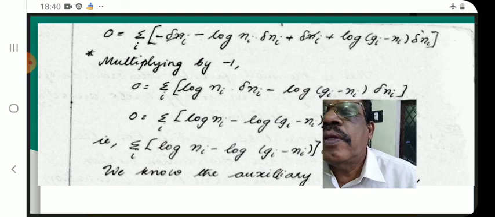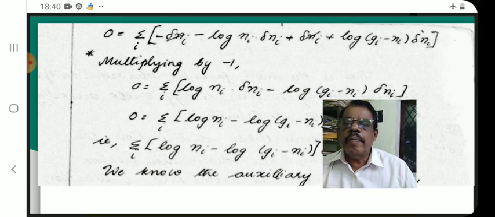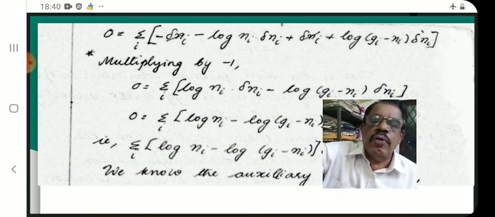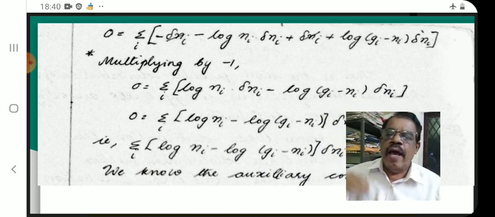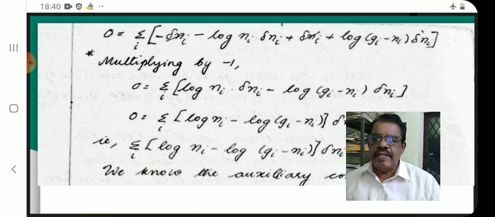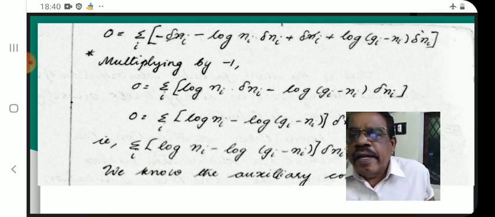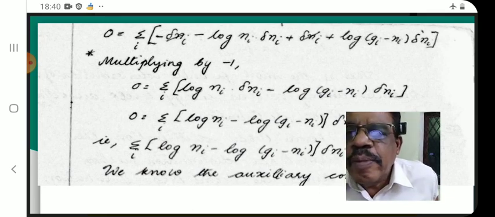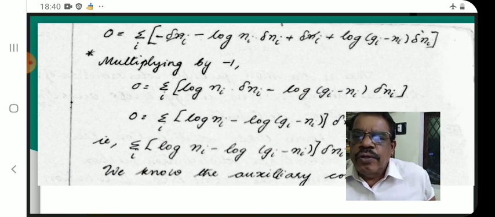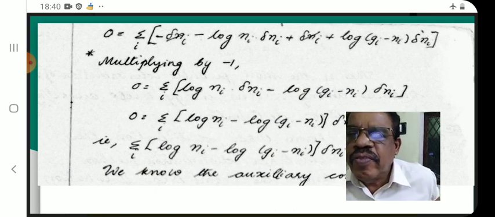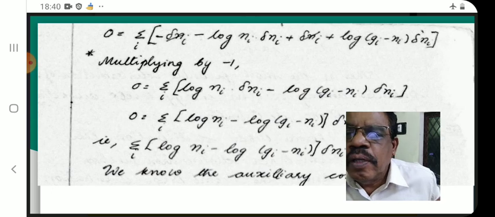Where from? The first term and the third term. Then multiplying by minus 1. This is a usual practice in Fermi-Dirac statistics and Bose statistics. There is a process of multiplication by minus 1, twice. So at first we multiply by minus 1.